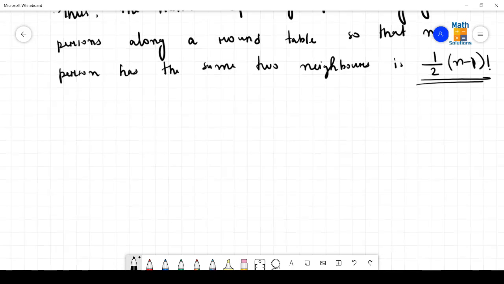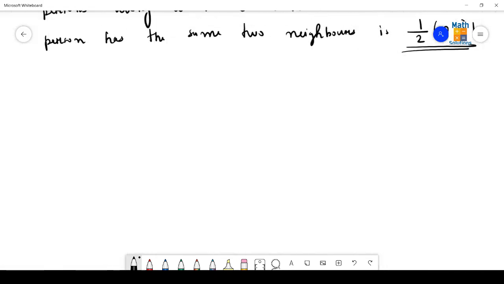In this case there will be a note. The note is what?